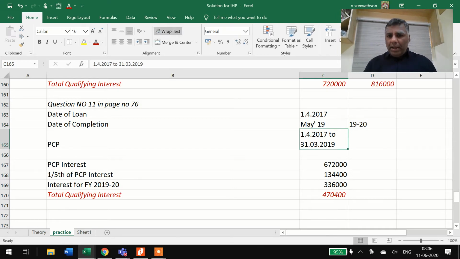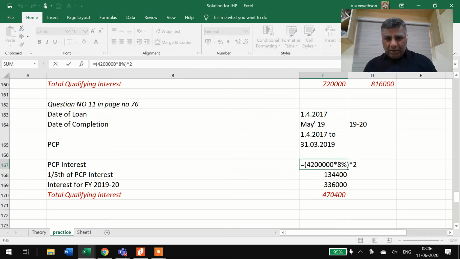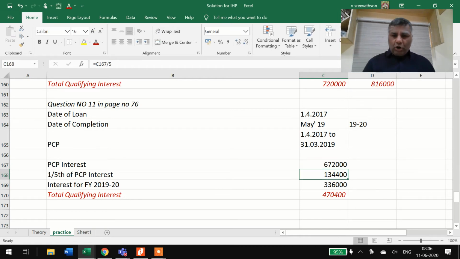So the PCP will be from 1/4/2017 to 31/3/2019: 2 years, 17-18 and 18-19. So my PCP interest will be 42 lakhs loan amount into 8% into 2 years. That's how I got 6,72,000.